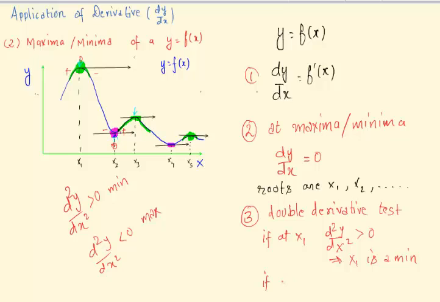If at x1 d2y by dx2 is less than 0, that implies x1 is a maxima. So these are the steps to find out maximas and minimas of a function.